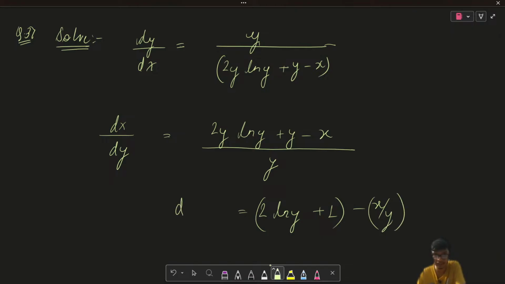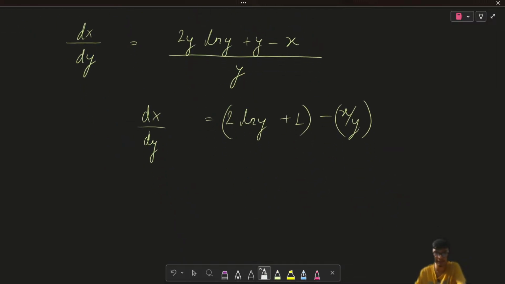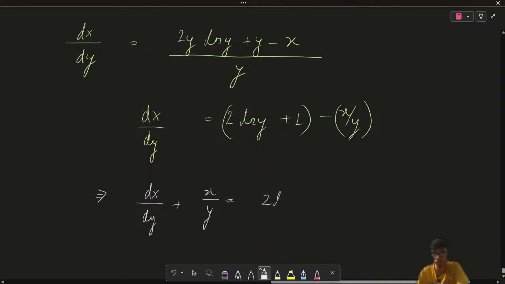The interesting catch is that my differential equation is now changed in a different variable such that it becomes a linear differential equation. So the differential equation is now dx upon dy plus x upon y equals 2 natural log of y plus 1.